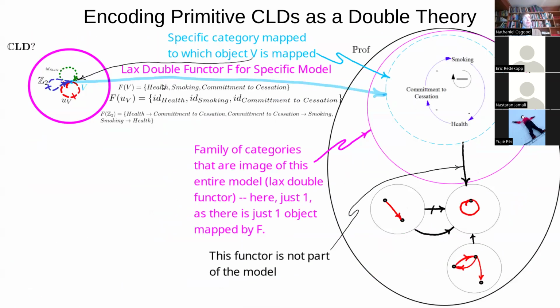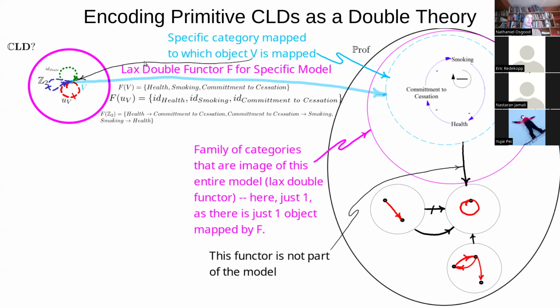And V itself here is mapped by the lax double functor into a set of objects within that category.